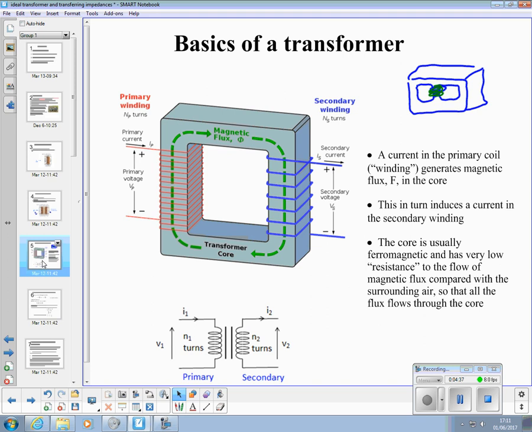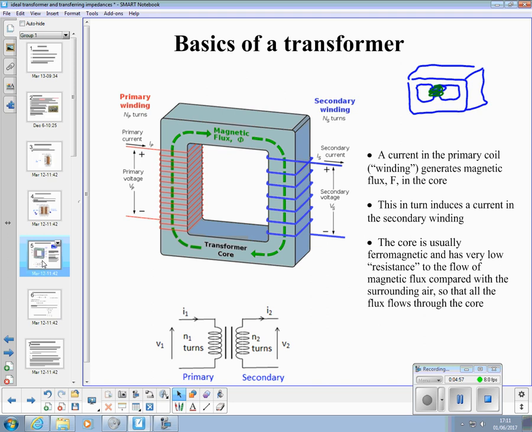So again, we've got this primary voltage, with the magnetic field building up and dropping away, cutting across the conductors in the secondary coil and inducing a voltage at the terminals.